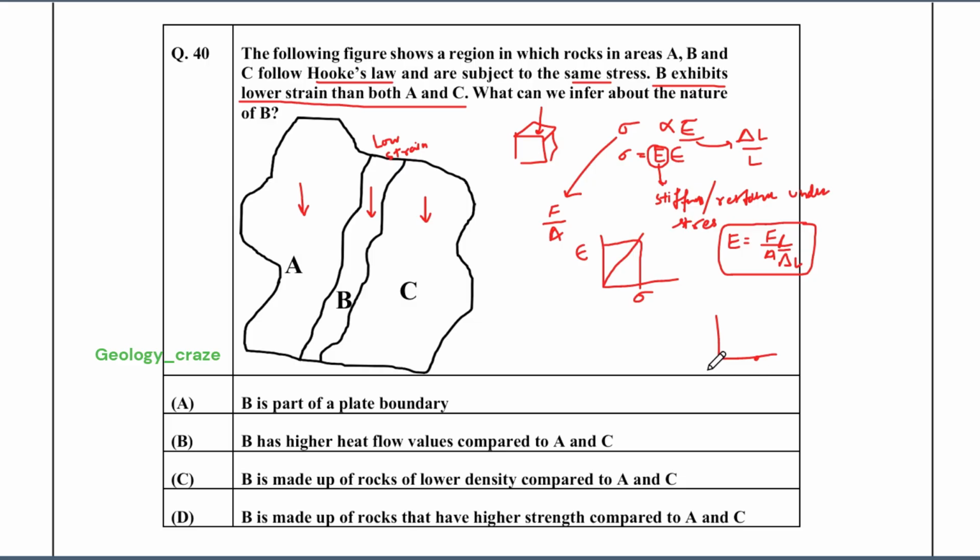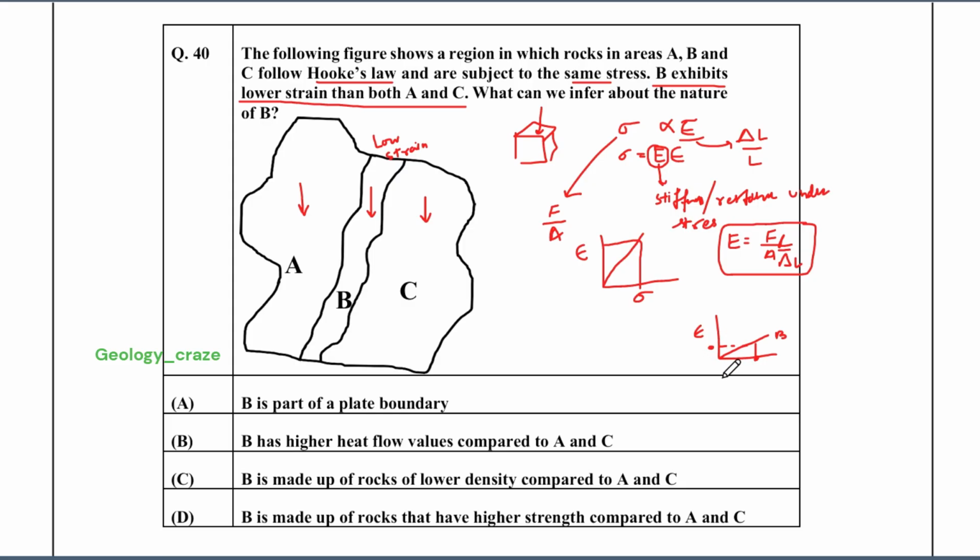But among A, B and C, B exhibits low strain. Its graph is like this in comparison, it is B, because strain is low and stress is the same. This is the value for strain.